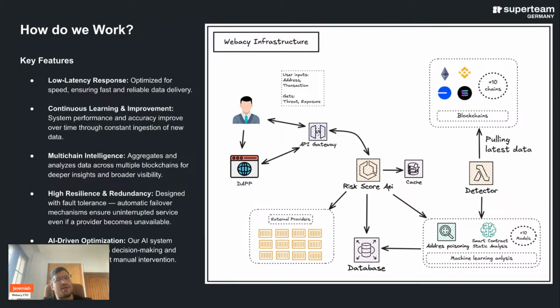We have multi-chain intelligence, so we aggregate data and analyze across multiple blockchains, with high resilience and redundancy. And we also have AI-driven optimization, and we constantly have AI refining our decision-making and performance, and we also manually intervene and improve the AI as well.